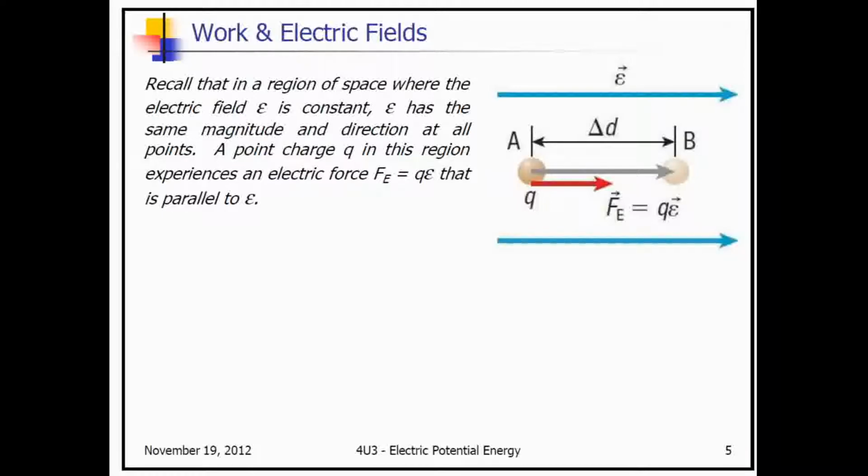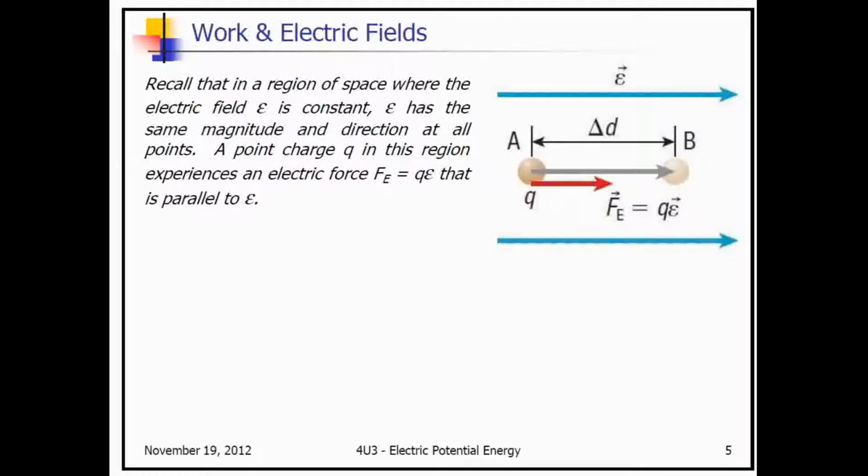So if we move a positive charge against the field, moving it closer to the source of the electric field, we will be doing positive work. And if we allow the positive charge to move away from the source, we are doing negative work. Then the opposite is true for a negative charge. It gets a bit more confusing with the fact that we have positives and negatives, but the concept is the same.